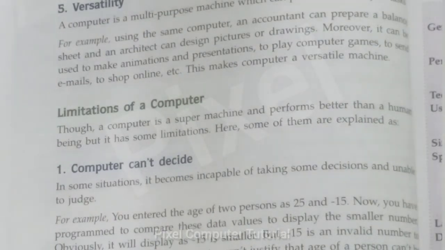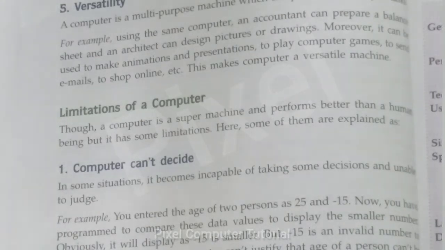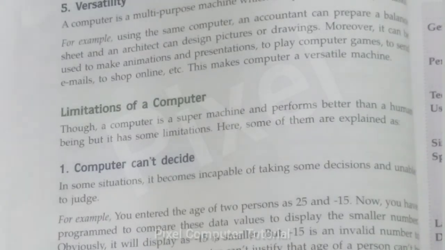You don't need to have multiple computers to do different tasks. You can have one single computer, but you can do plenty of tasks on the same computer at the same time.